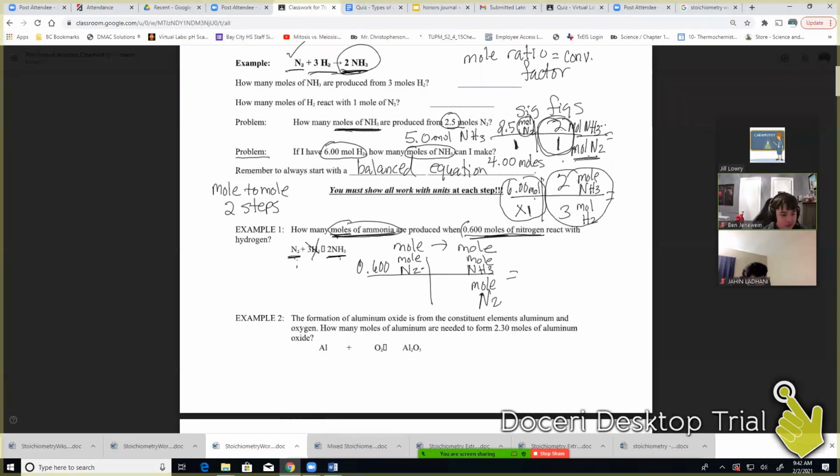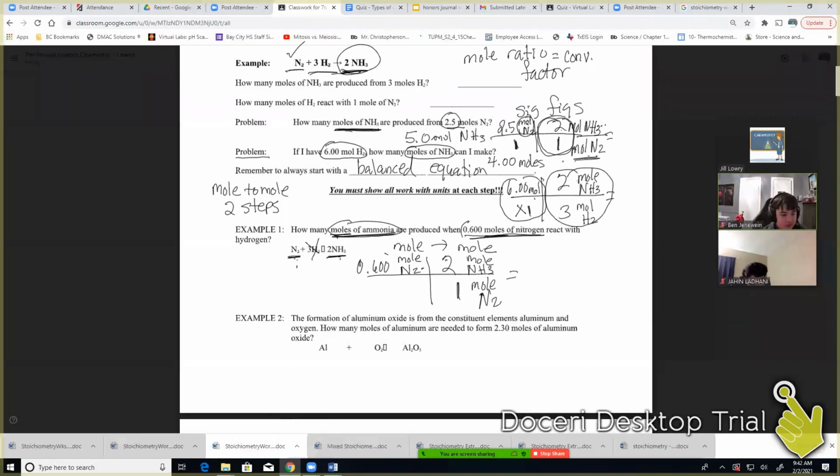So once you've done all that, that's kind of your hard work. Now I just need to fill my coefficients in. For my nitrogen, how many moles do I have? It doesn't have a coefficient, so what does that mean? It's just 1. Ammonia, how many moles do I have? 2. All right, we got it all filled in, so we're going to multiply across. 0.6 times 2 is 1.2.